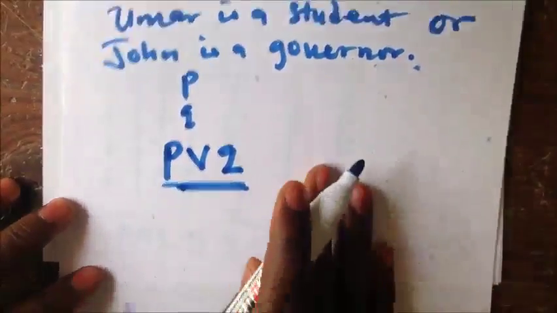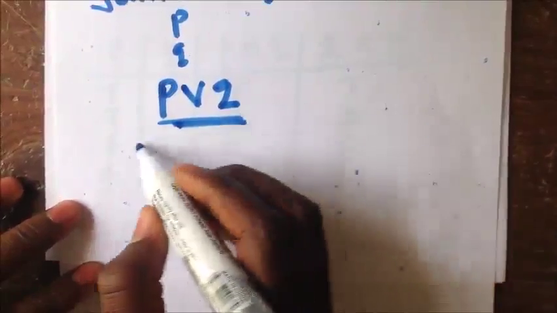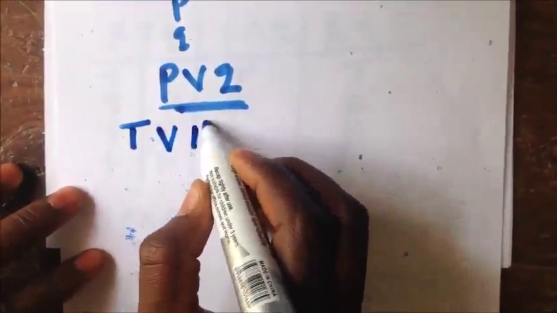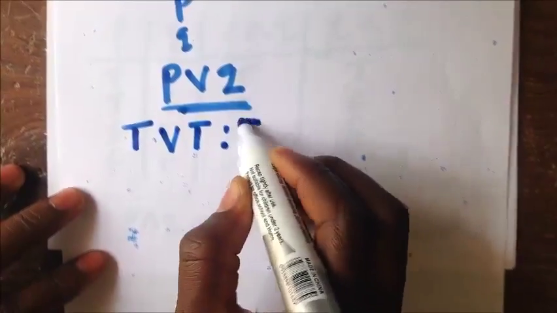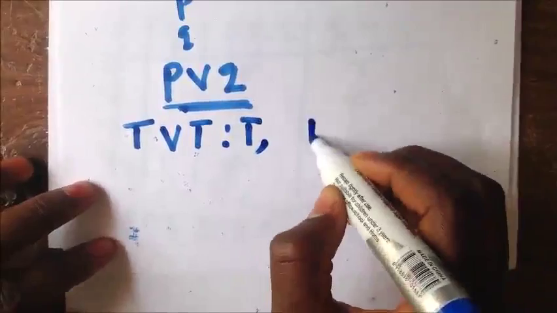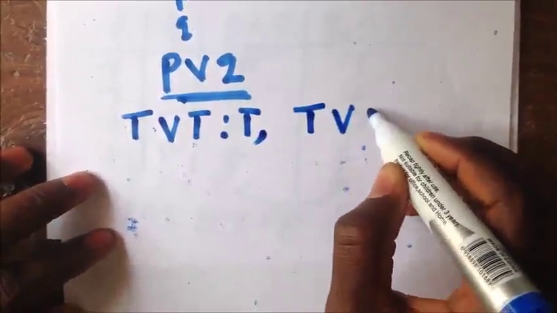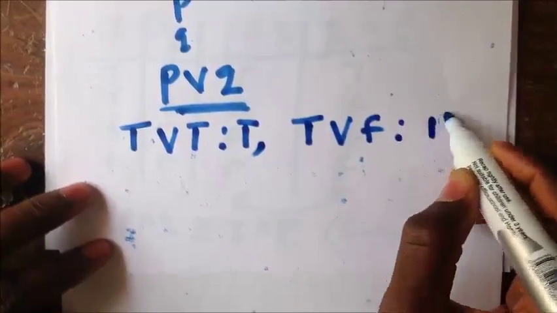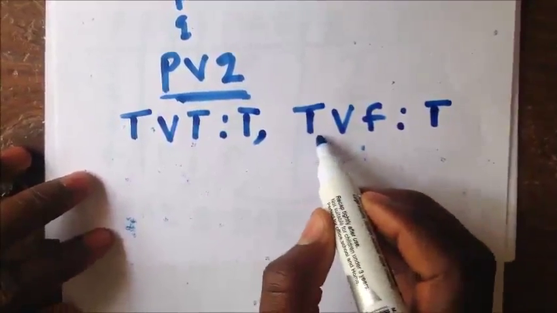Now let's take it this way. When P is true or Q is true, what will be the answer? It will be true. Then the next condition, when P is true or Q is false, what will be the answer? It will be true. Why? Because at least one value is true.